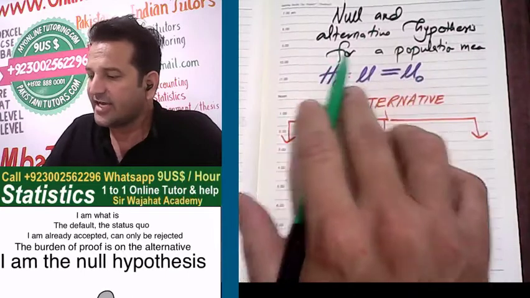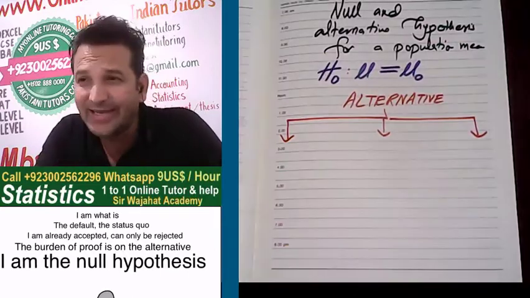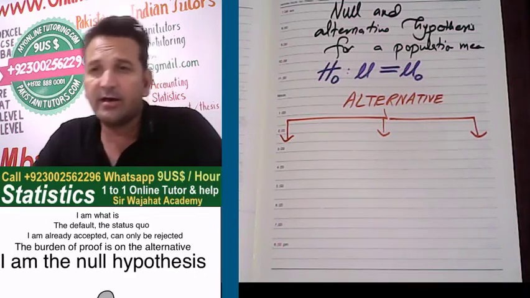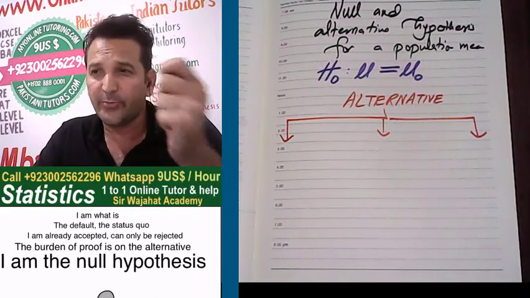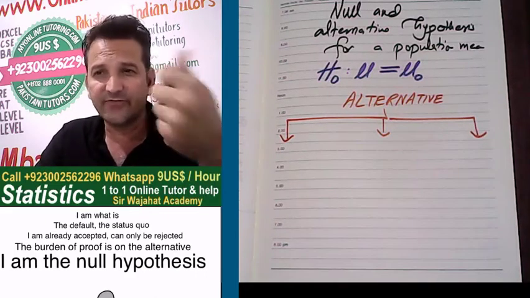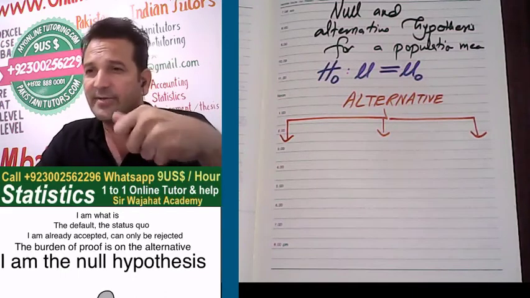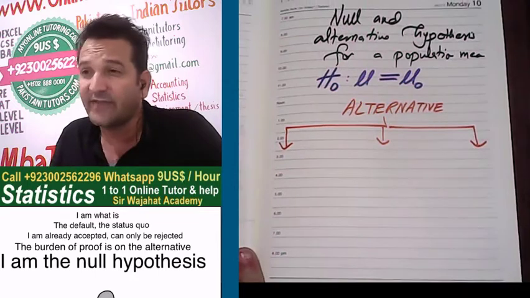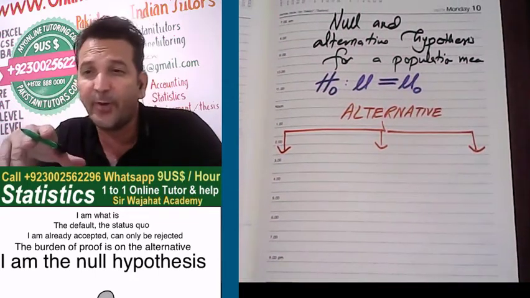Null and alternative hypothesis for a population mean. Null and alternative hypothesis can be on the basis of a population mean, standard deviation, or proportion. But today we are mainly focusing on the population mean.